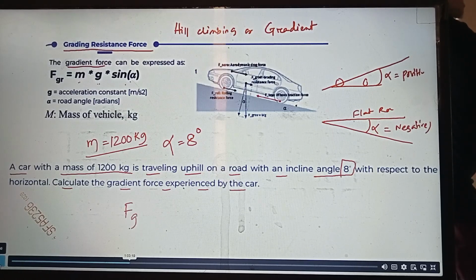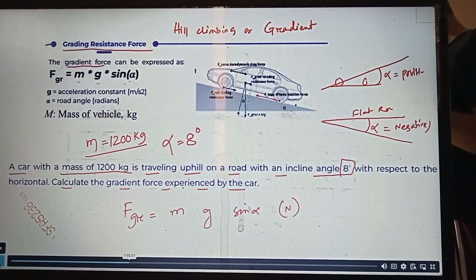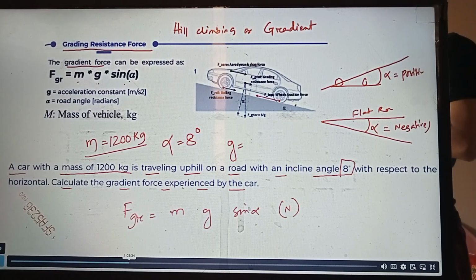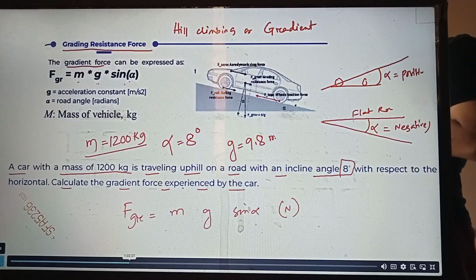So F_GR equals mg sine alpha, and the unit is Newton. You already know all the values. In case you forgot, g generally we are going to take as 9.8 meter per second square, right? So put in all the values and give me the answer quickly.